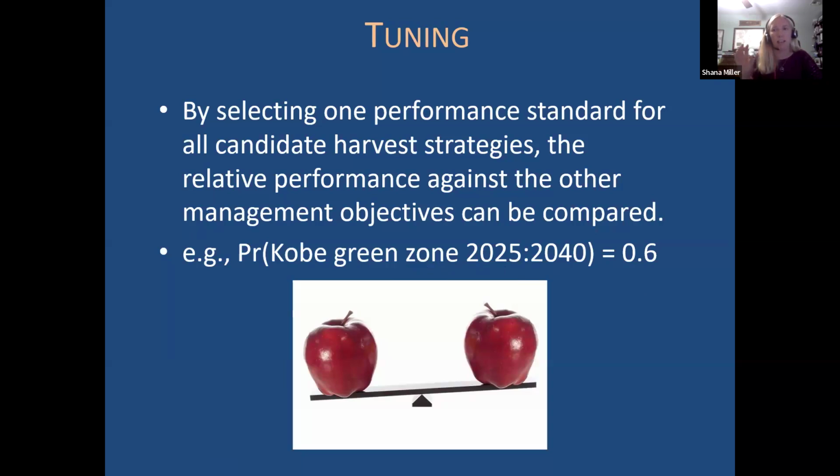So you set that as your tuning objective. And then once all of your harvest strategies meet that objective, you can compare the performance against the other objectives. For example, once it meets this 60% probability, you would pick the one, for example, that might maximize catch after that.